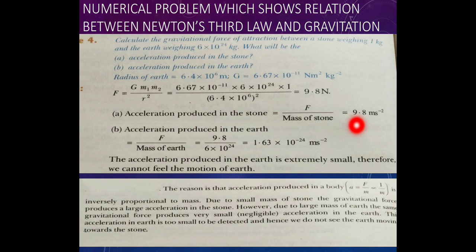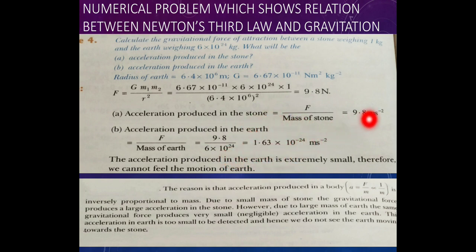So the stone is falling, or you can say the stone is moving towards the earth, and the stone is having 9.8 meter per second square. Now similarly we will find out the acceleration produced in the earth. Same way, F, and here the mass of the earth upon 6 into 10 to the power 24, you will get this much.